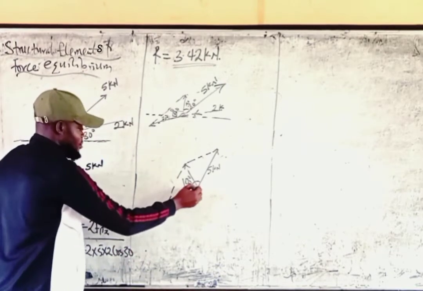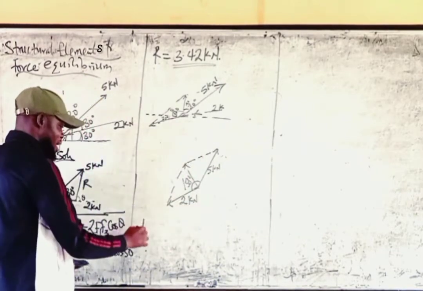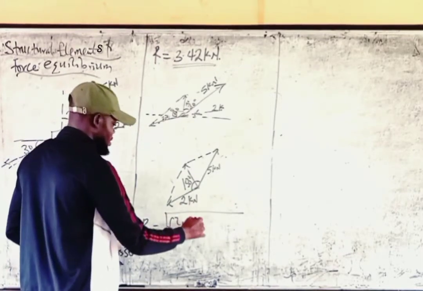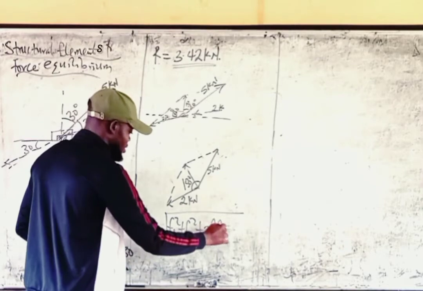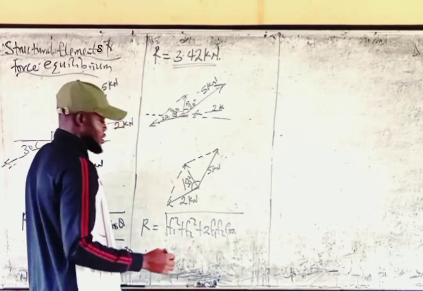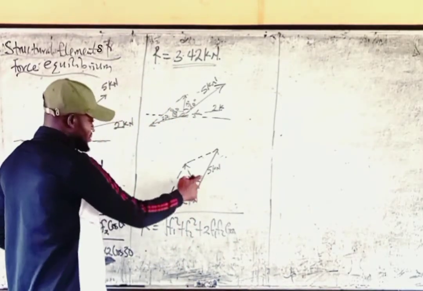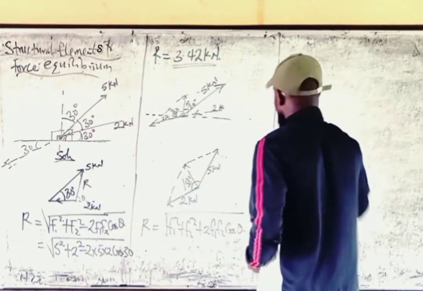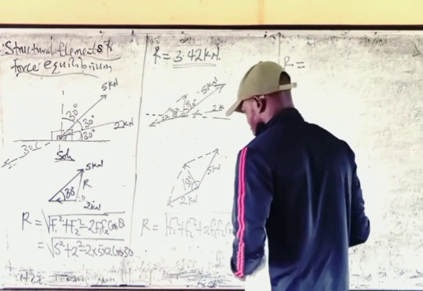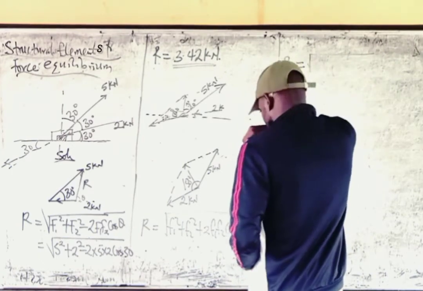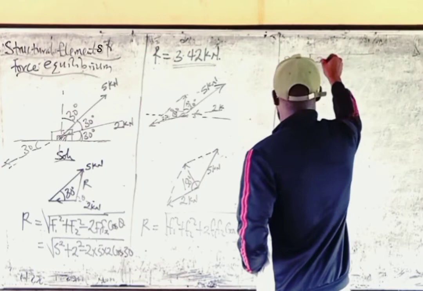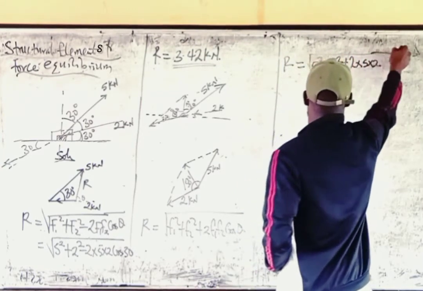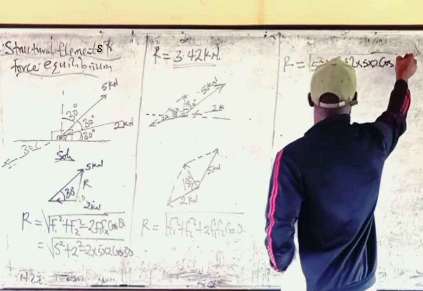So if you check now, both of them are leaving the starting point. So our R will now be the square root of F1 squared plus F2 squared plus 2 F1 F2 cos theta. What is the angle between this and this? 150. That is theta. So R will be equal to the square root of 5 squared plus 2 squared plus 2 times 5 times 2 cos 150.